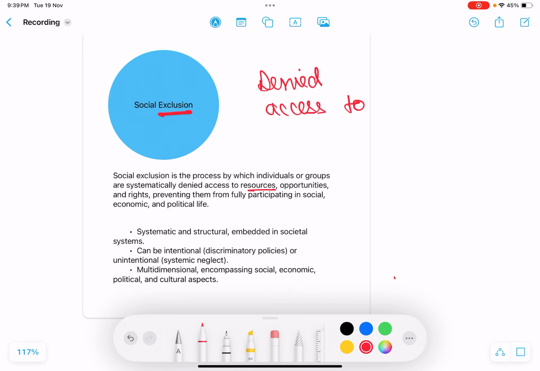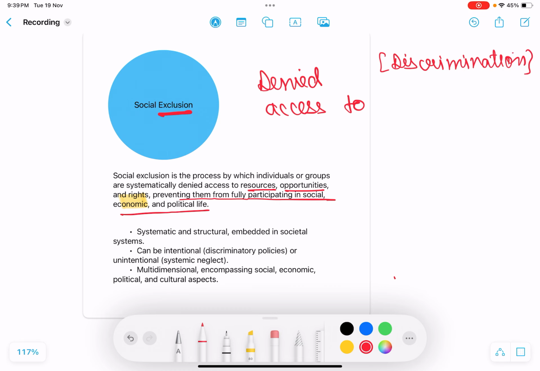Access to resources, access to opportunities and rights. So as a result of which they are prevented from fully participating in social, economic and political life, right? So social exclusion is basically a form of discrimination, often in many cases, right?